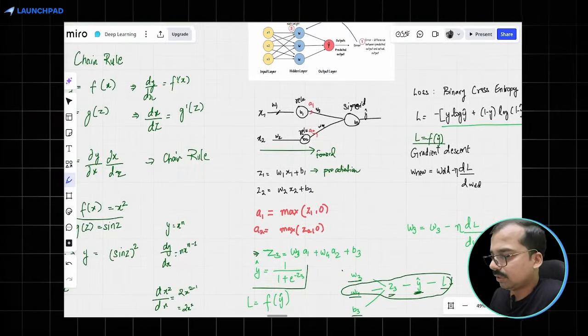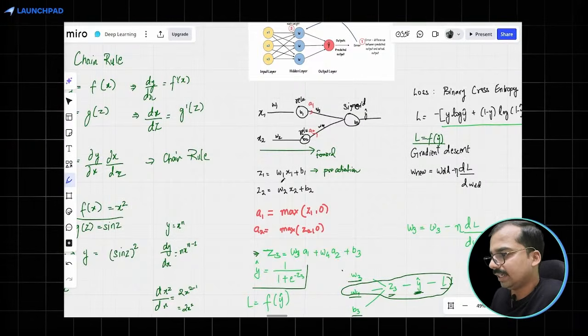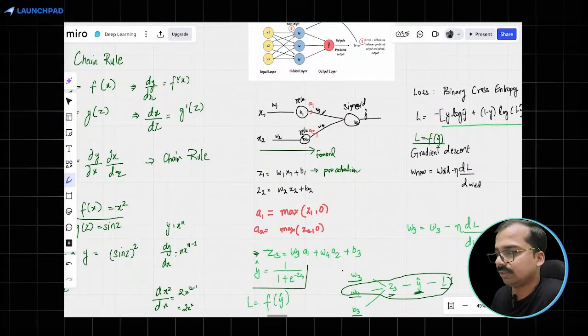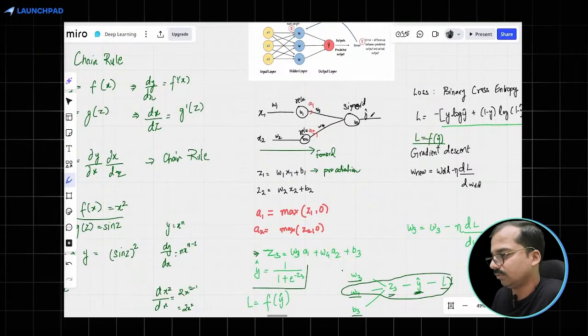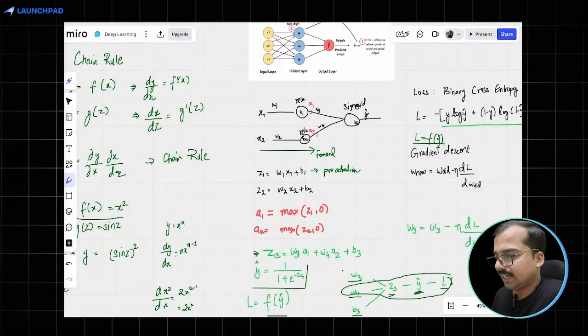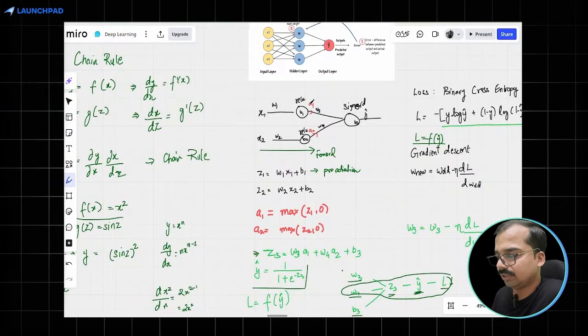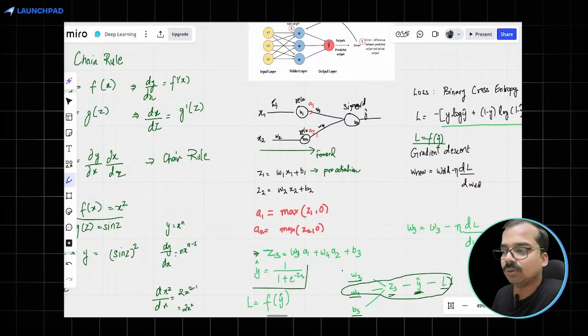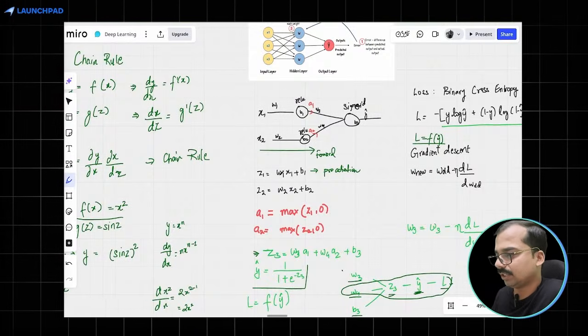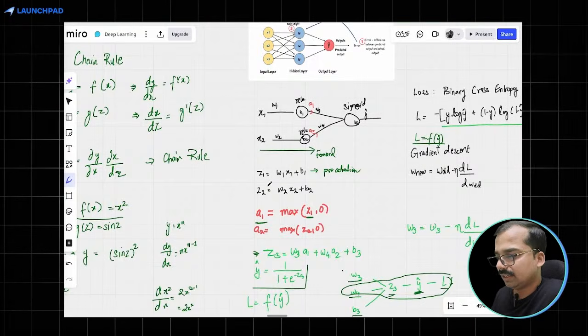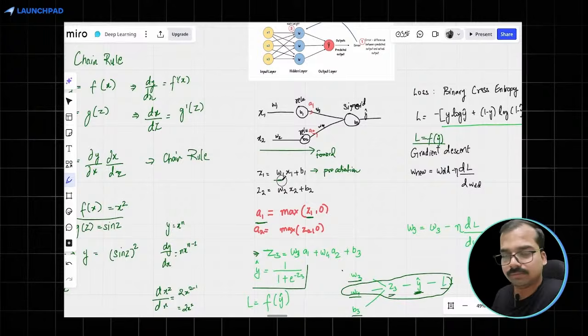Similarly, when I want to update w1, I'll again get the equations. I'll find out where what things depend on. If you see, loss is dependent on y hat, y hat is dependent on a1, and a1 is dependent on w1. a1 is dependent on z1 and z1 is dependent on w1, correct?